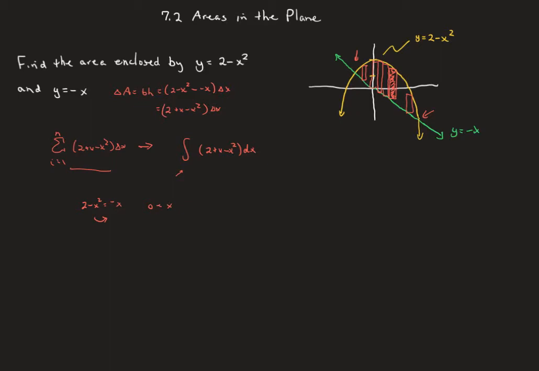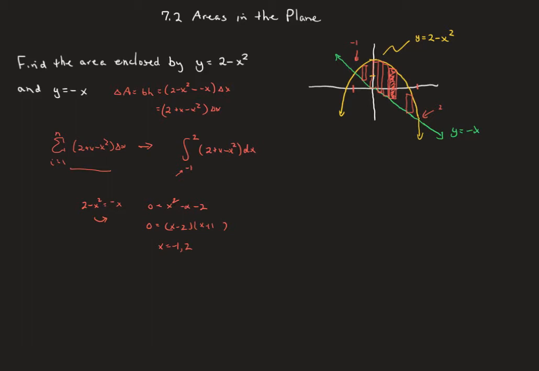That allows me to add the x squared, the minus x would still be there, and that would be a minus 2. We can use our factoring skills and get x minus 2 and x plus 1, which means x is going to be negative 1 or positive 2, and that's going to be the limits of our integral. Those are the points of intersection, the x values that we have computed for the beginning and end of that enclosed region.